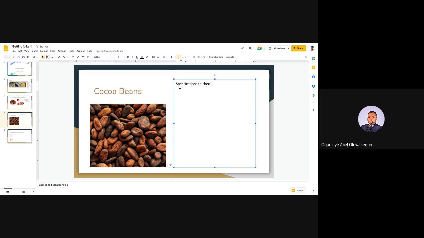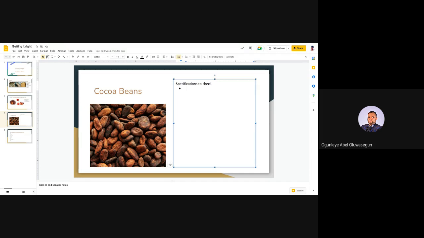Cocoa, as we all know, is the second income generating commodity for Nigeria aside from crude oil. So it is very important to know that we can actually earn more money if we decide to do it right.